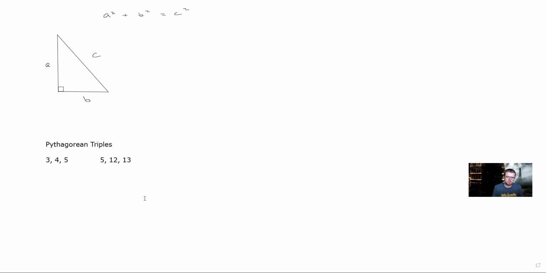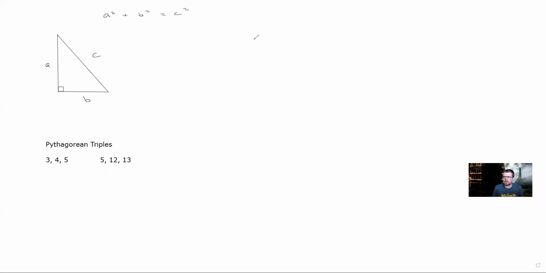As you do more and more right triangle problems, you start noticing a pattern between these two sets, where if you recognize two of these numbers, you can write the missing side without having to solve it. You can always use the theorem, but if you recognize the triples, it saves you a little bit of time on a standardized test. Okay?